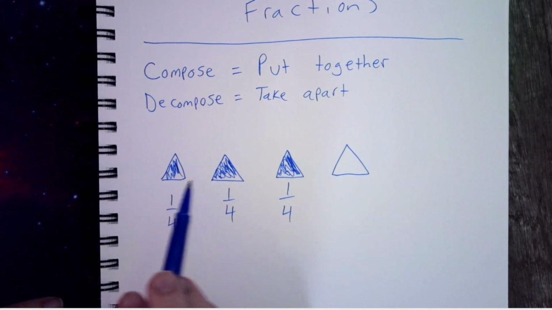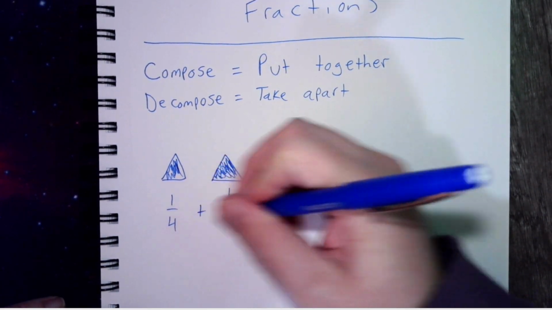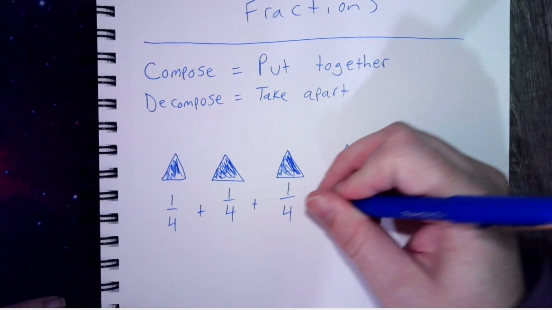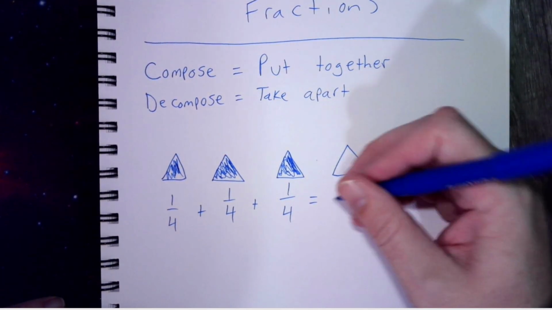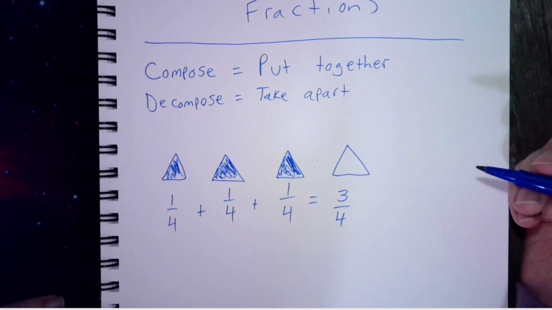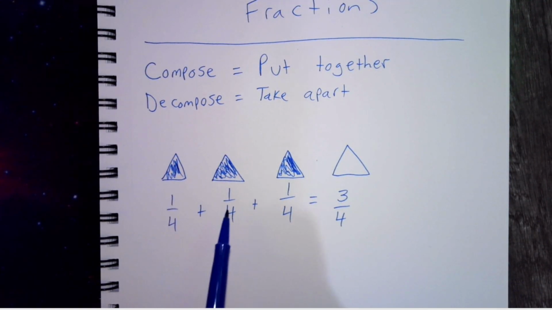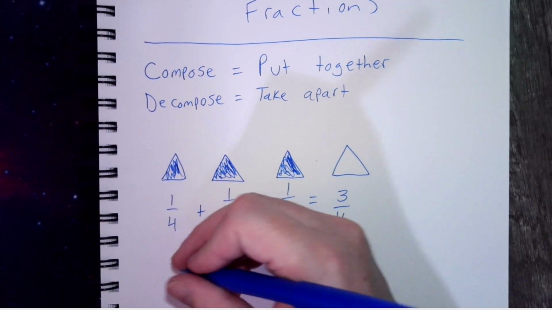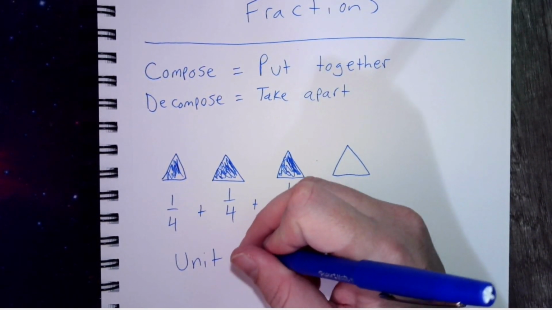Now, if we had all four of them, that would make the whole. So we don't. We only have 1/4 plus 1/4 plus 1/4. So we only have 3/4 of the triangles. And so when we break it down into each individual fourth, these are called unit fractions.